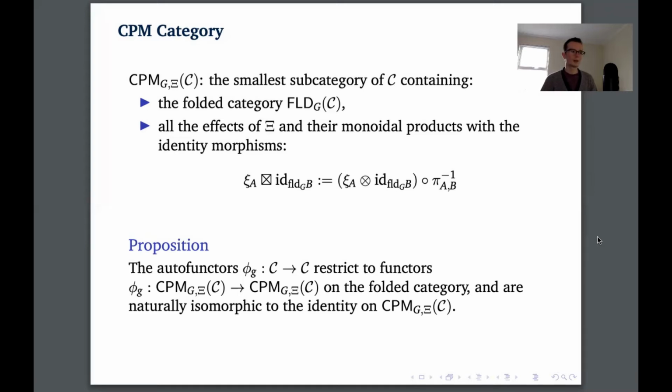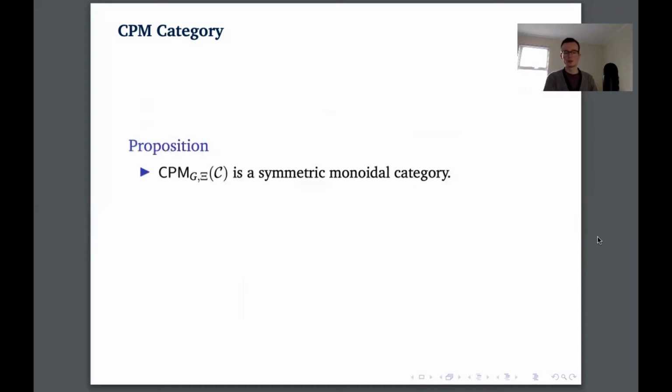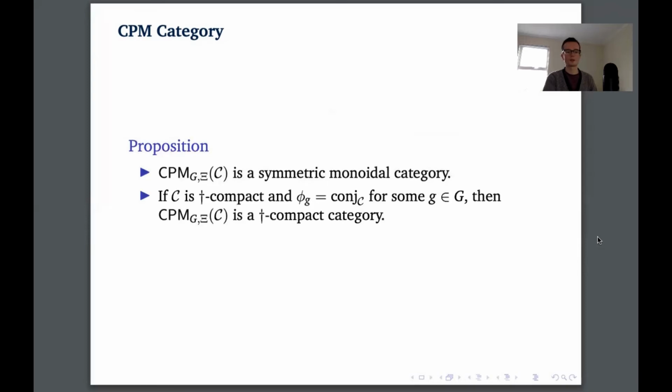Now, the CPM category has a couple of other important properties. Firstly, it's straightforwardly a symmetric monoidal category. Secondly, if our original category is dagger compact and one element of our action is the conjugation functor, then the CPM category is also a dagger compact category.